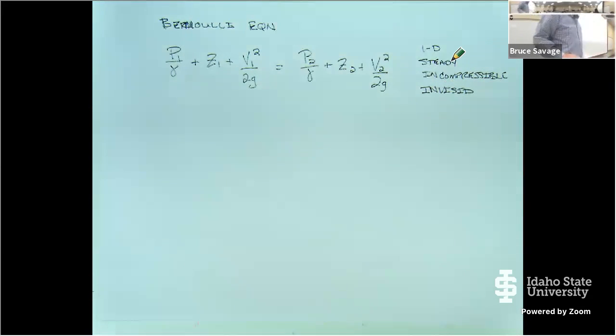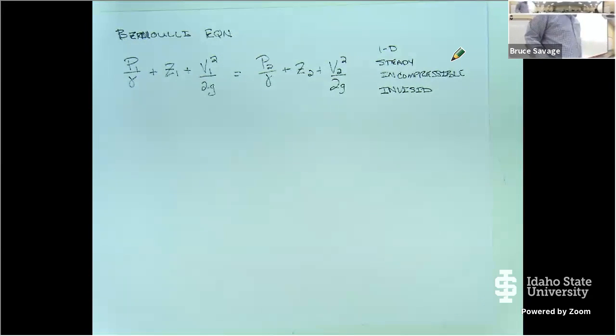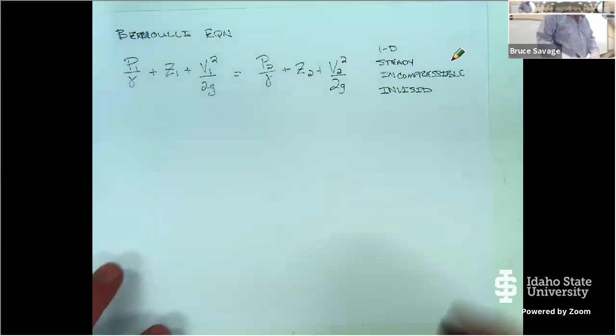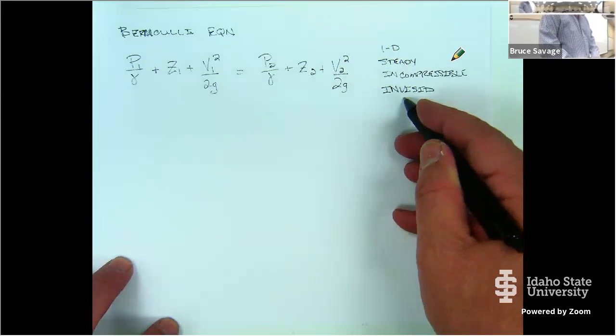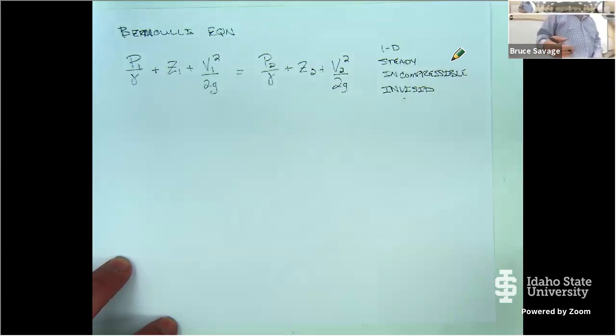Inviscid meaning that we have no viscosity. So when we get rid of this inviscid one, we're going to knock that out, and that's going to add more stuff to our equation.